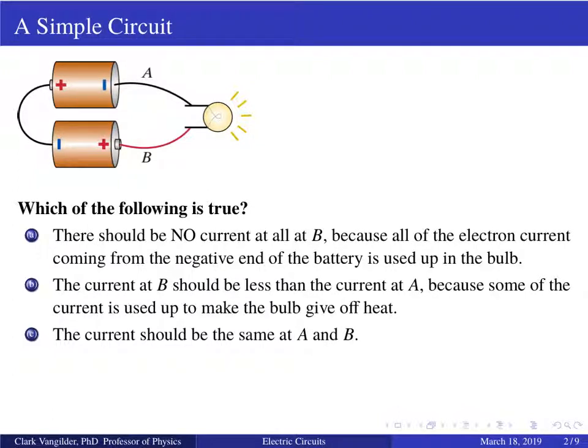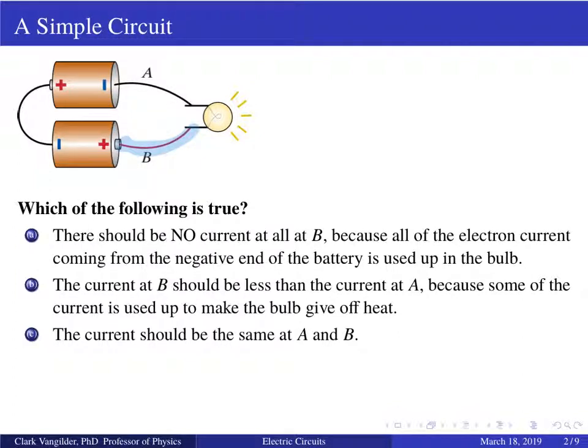So here are some options, A, B, and C. There should be no current at all at B, meaning this red section of the thing, because all the electron current coming from the negative end of the battery is used up in the bulb. So what would that mean?